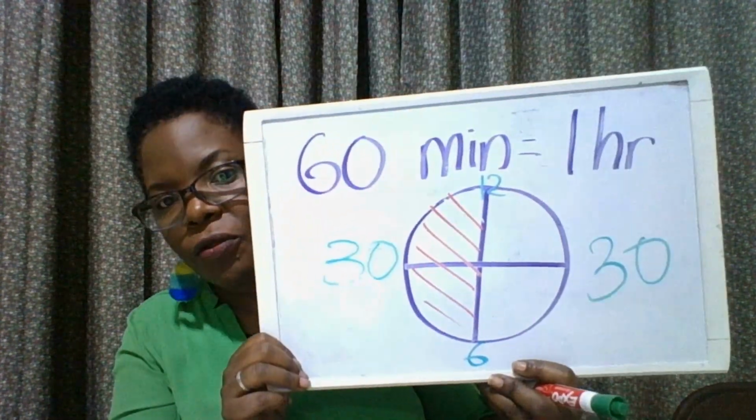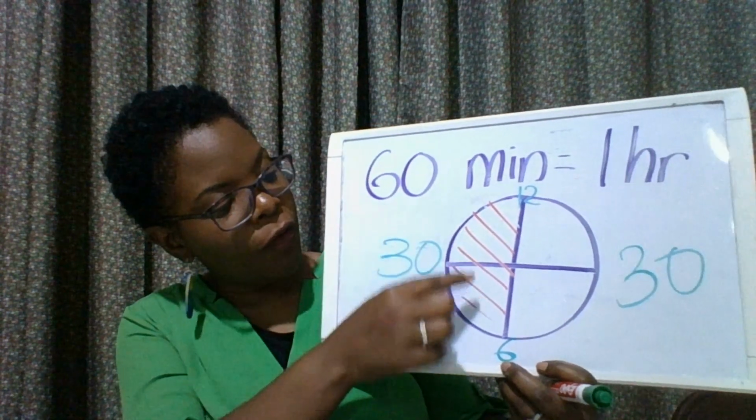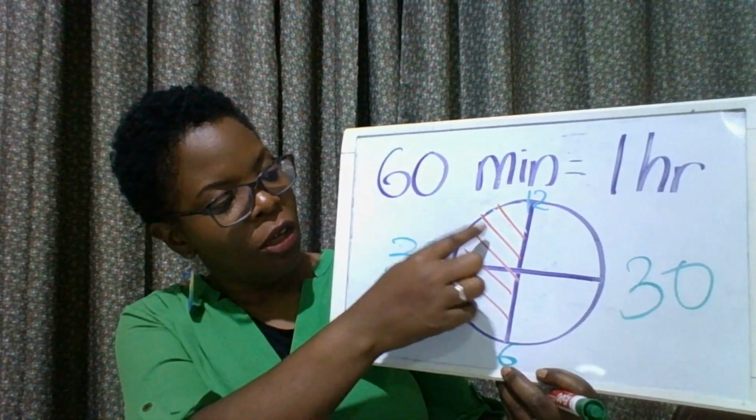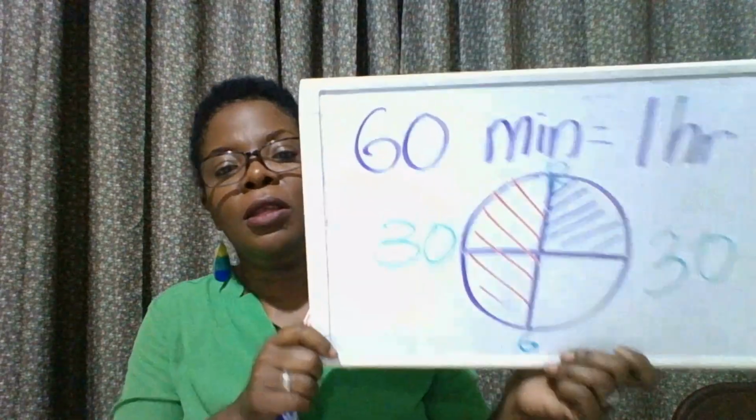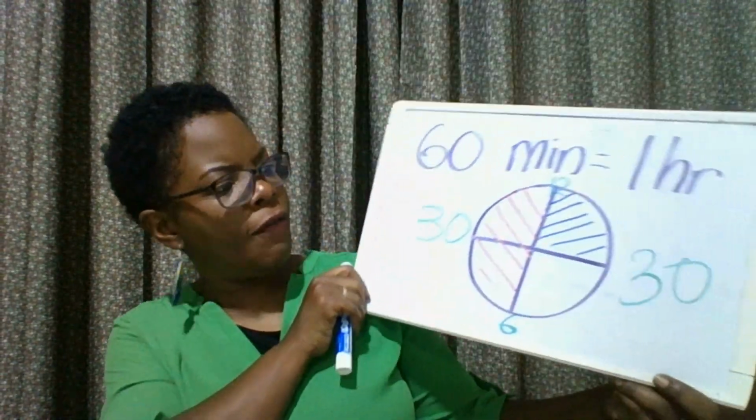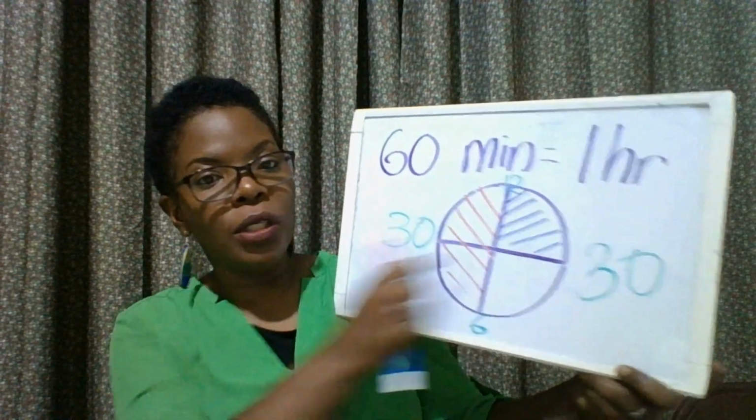That's a half, right? So half of this half is 30. Half of 30 is 15. Let me find another color to shade it in another direction to show my 15. There goes my 15, a quarter.